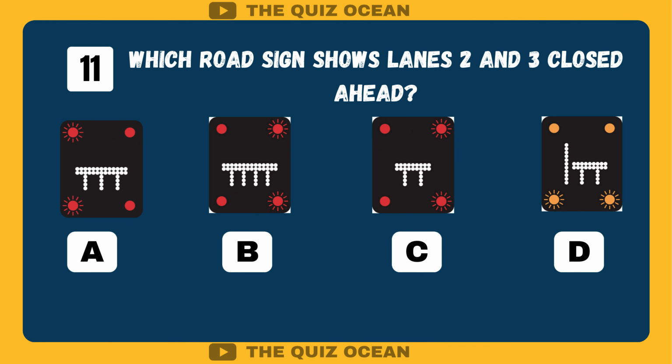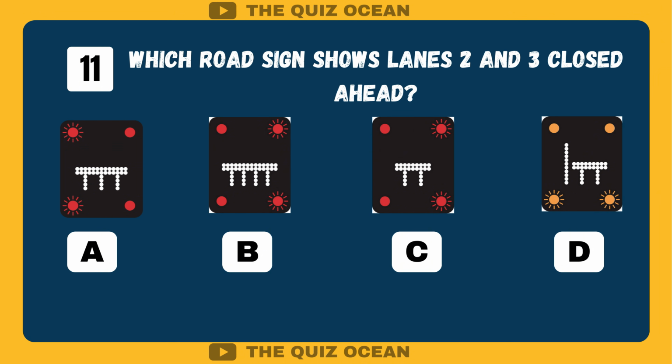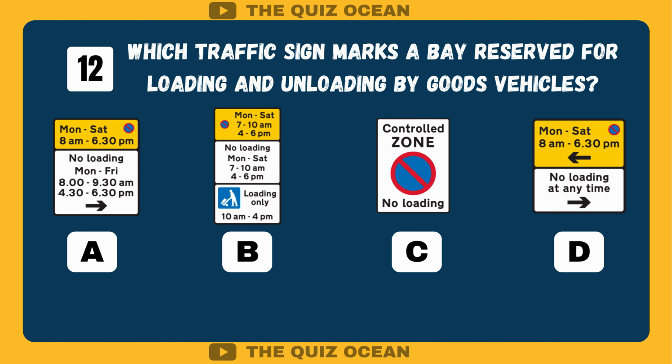Question 11. Which road sign shows lanes 2 and 3 closed ahead? The answer is D. Question 12. Which traffic sign marks a bay reserved for loading and unloading by goods vehicles?